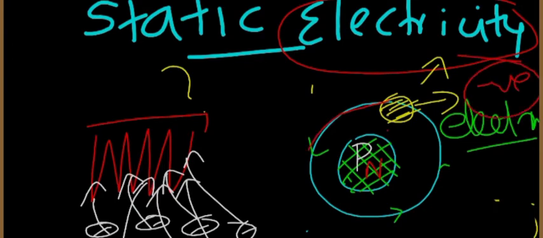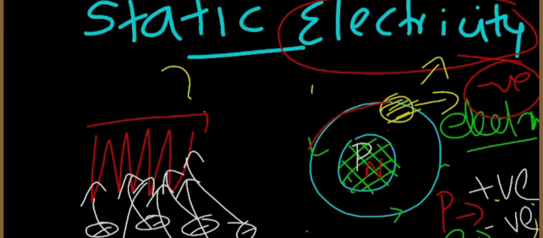So children, be careful: proton has positive charge, electron has negative charge, and neutron doesn't have any charge at all. So this is the basic structure of an atom. It has a nucleus, and around the nucleus electrons are revolving.